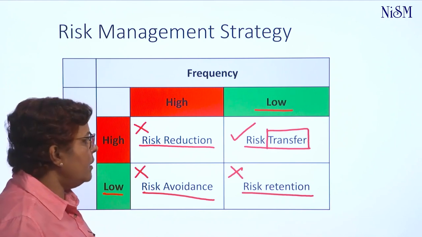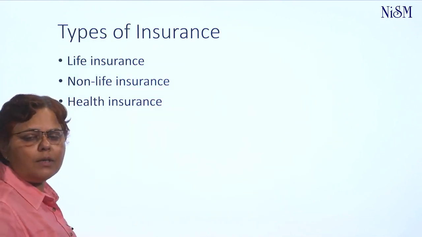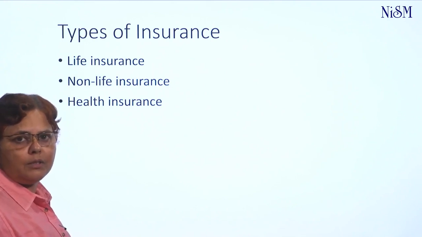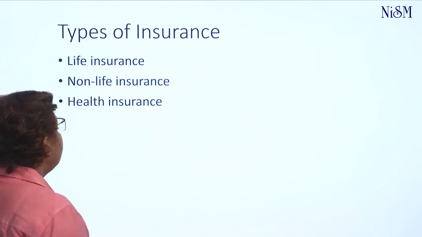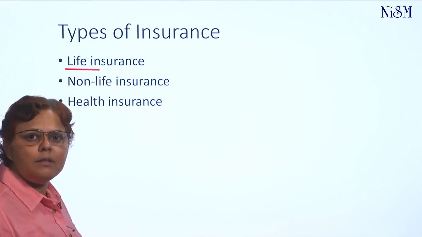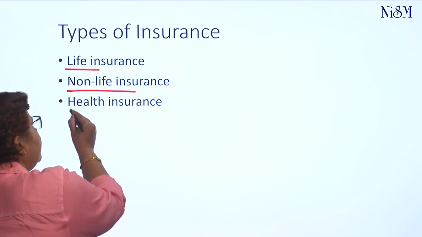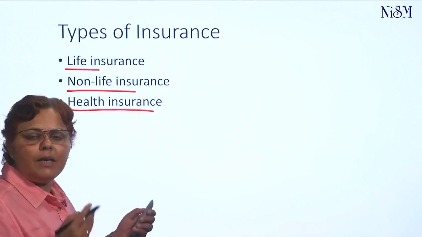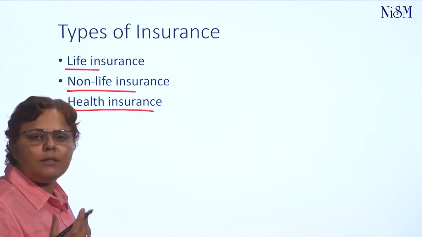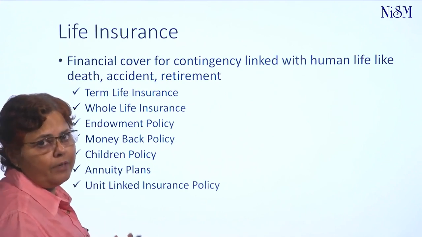Once we have understood this, let us get into what are the different types of insurance which are possible. Very famously known is life insurance, then there are non-life insurance, and then there are health insurance. We will understand one by one what these insurances are. Let us start with life insurance.